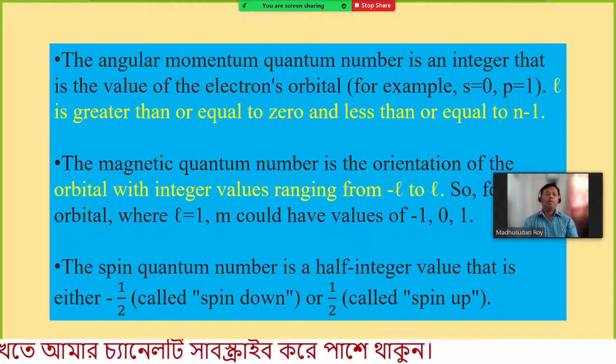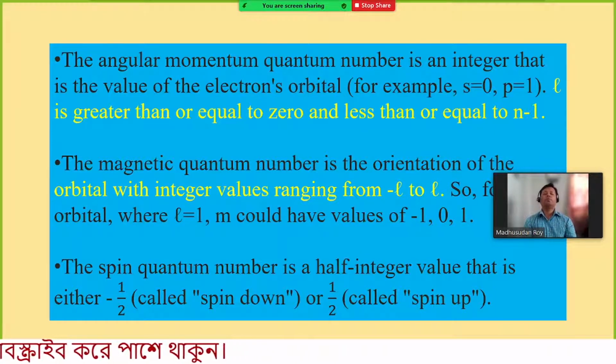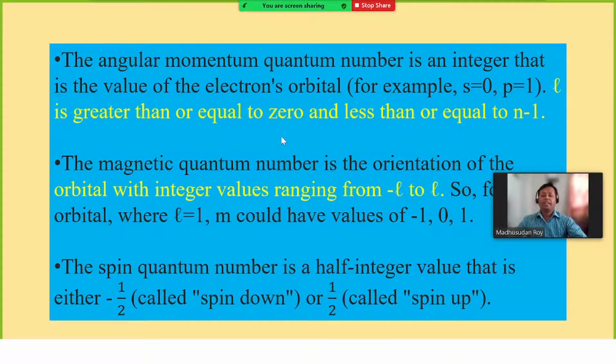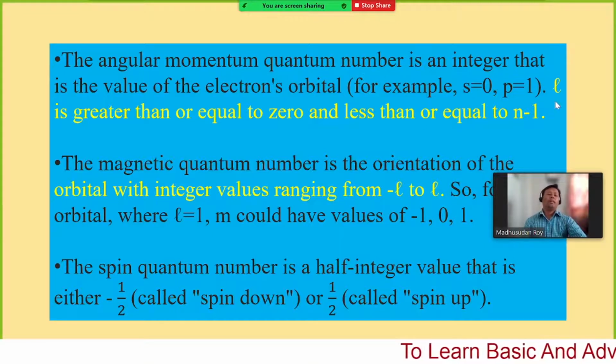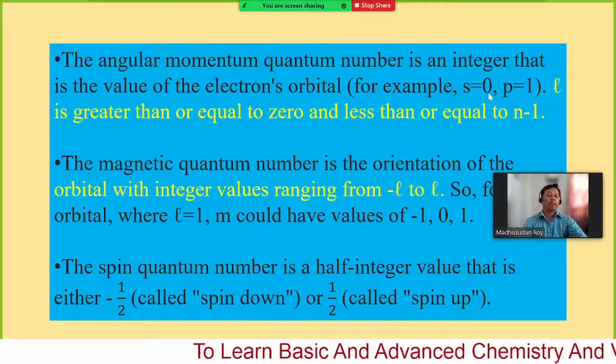The angular momentum quantum number is an integer that describes the electron's orbital. We define the angular momentum quantum number, or azimuthal quantum number, as L. The value of L can be 0.